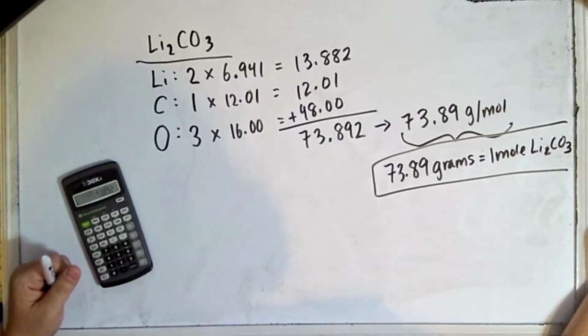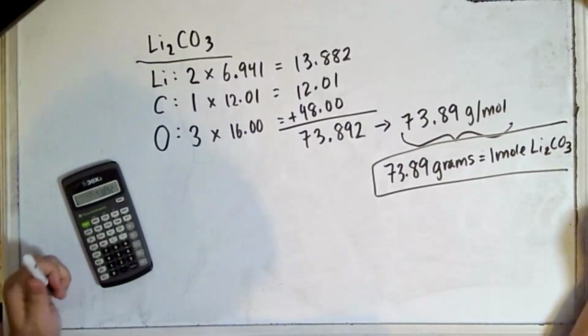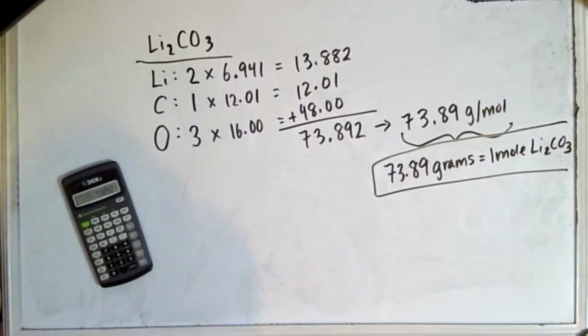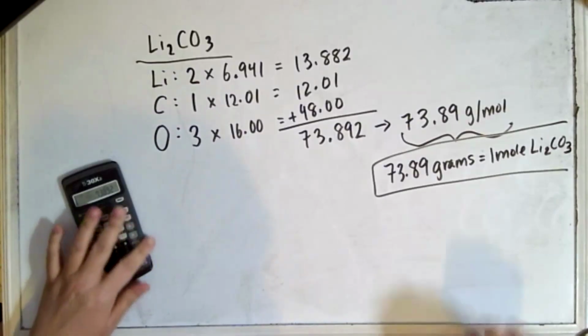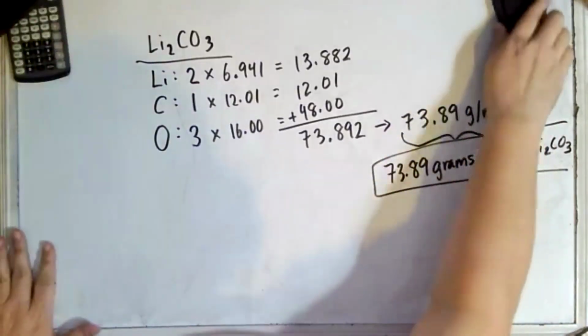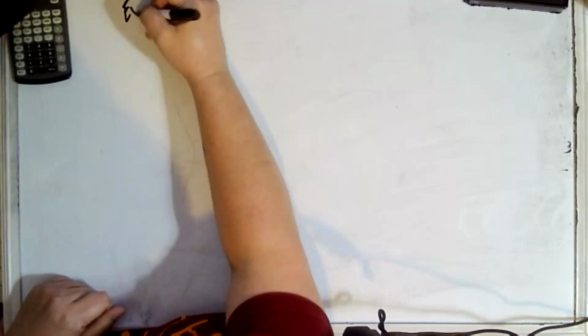So let's look at 2 examples. In the next learning check, we're going to look at the molar mass calculations for 2 different compounds. And then we'll write out the equalities for each one.